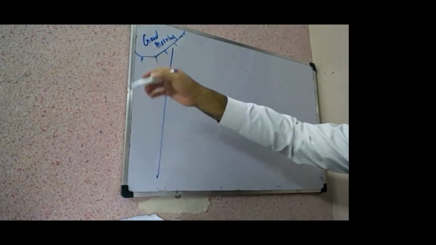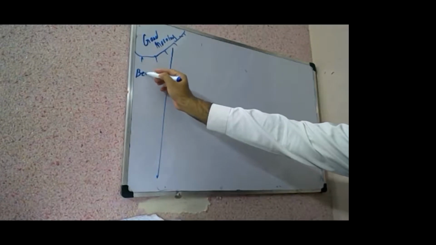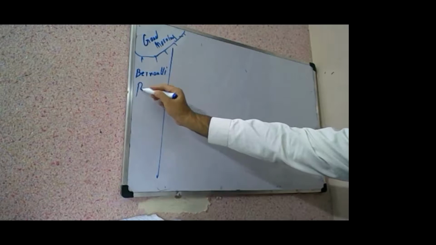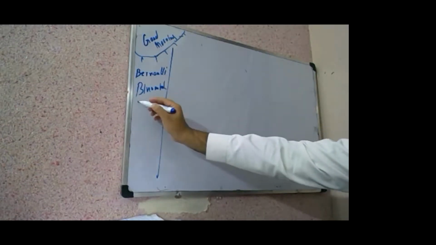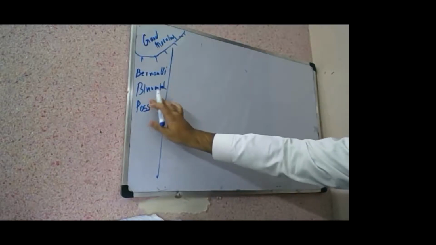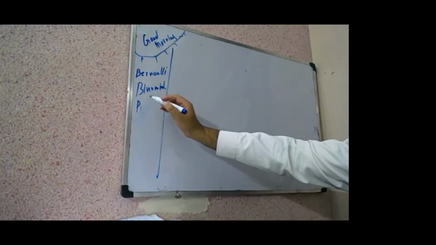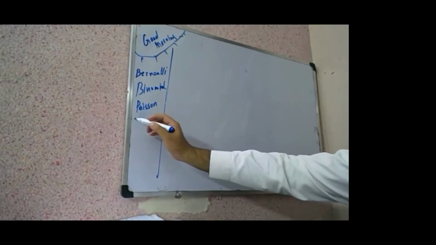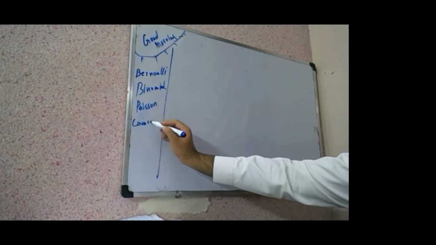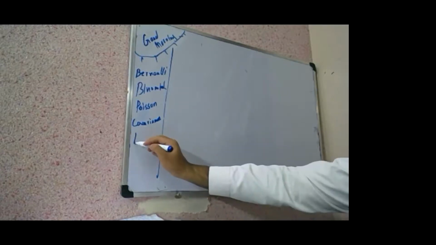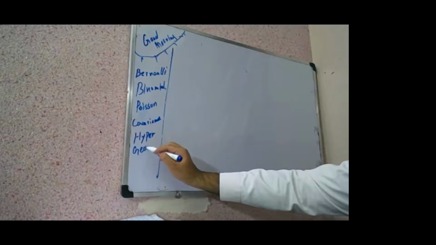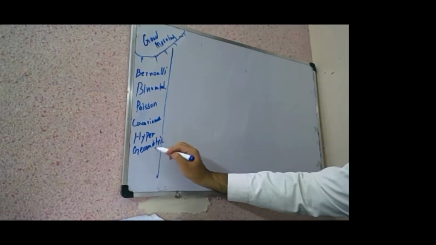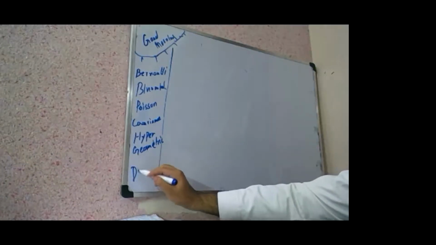What we're going to learn today: Bernoulli, binomial, Poisson, covariance of probability distribution and its application, and hypergeometric distributions.